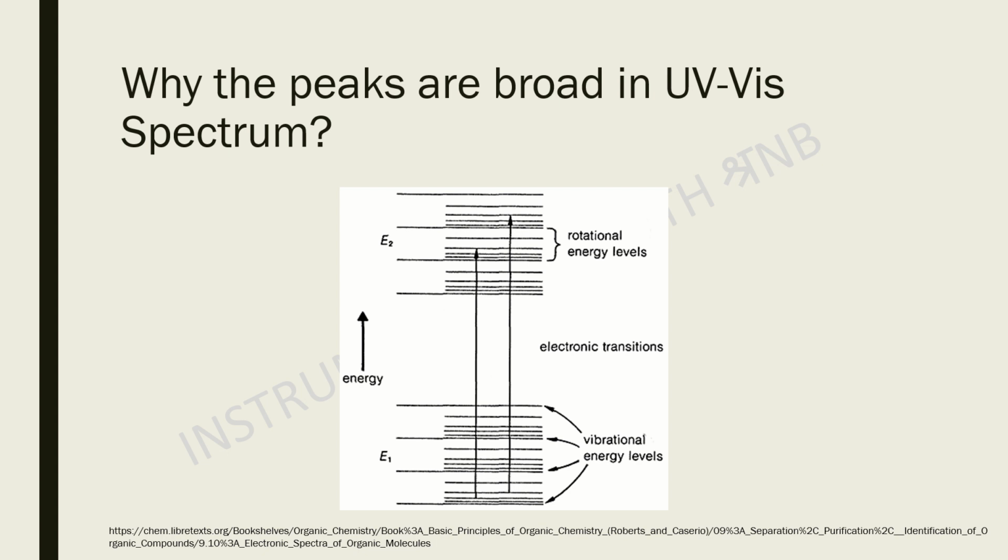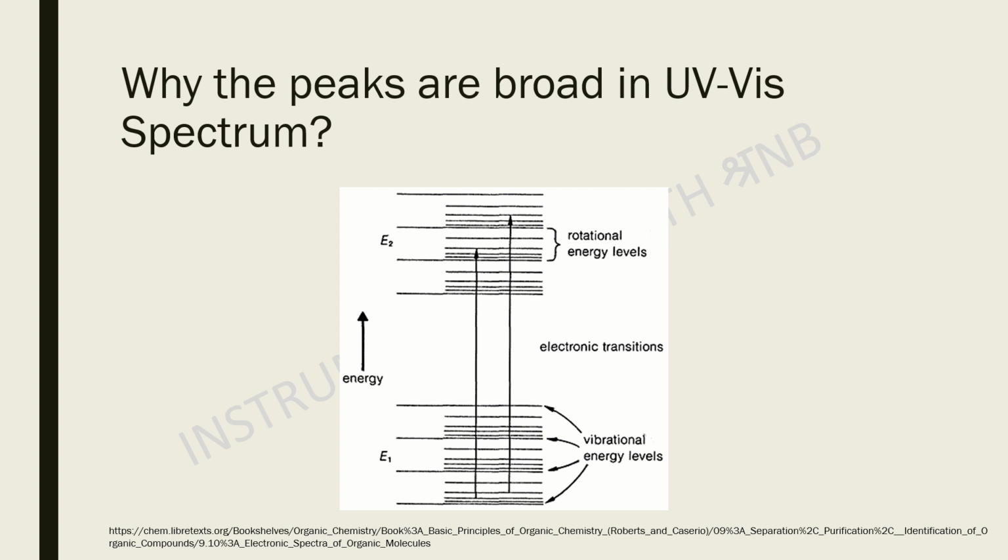If I apply a certain amount of energy sufficient to transfer an atom or molecule from the ground electronic energy level to the excited electronic energy level, it would also lead to the rotation and vibration of the molecule, as you can see here. Thus the UV visible spectrum possesses all 3 transitions, electronic, vibrational, and rotational, and shows broad peaks.